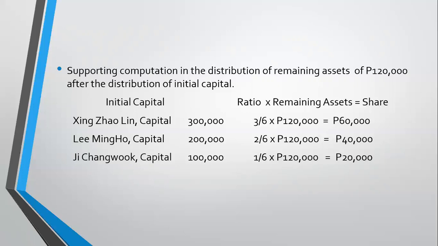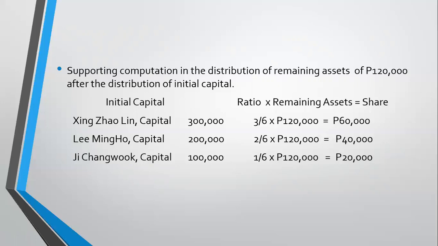That is the total share of Sing Shaolin sa remaining assets of 120,000. And then, ganun din yung gagawin ninyo kay Li Minho and Ji Changwo: determine the ratio of their capital contribution and multiply it with the remaining asset in order to determine their share in the remaining assets of 120,000. But if the problem gives you the ratio or the percentage and how they're going to divide it, of course, yun ang inyong gagamitin.